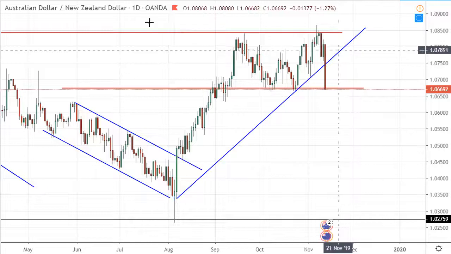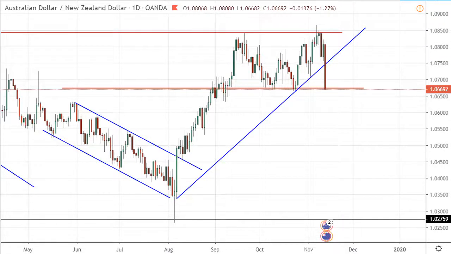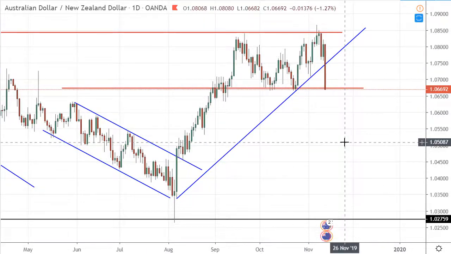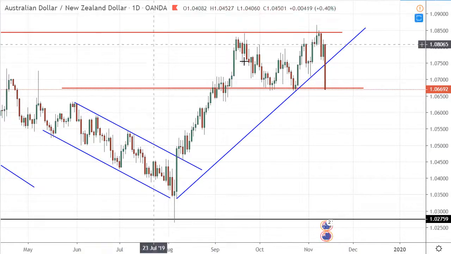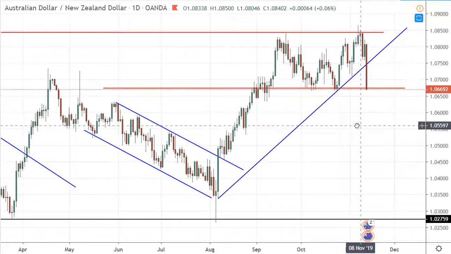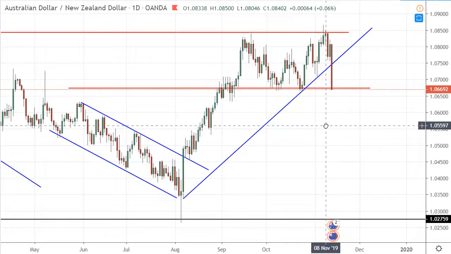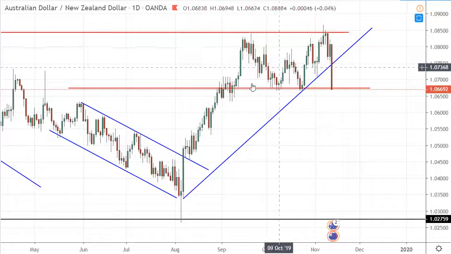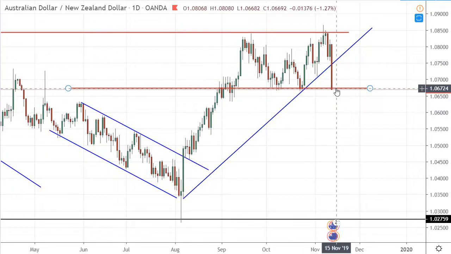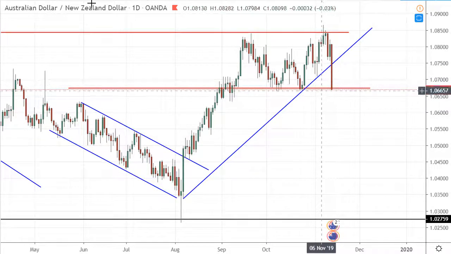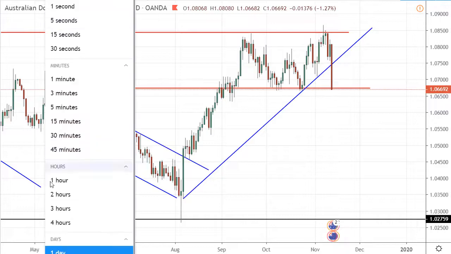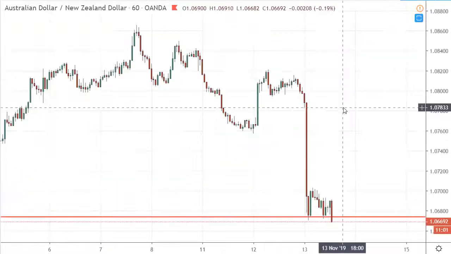And this is a huge drop, also a New Zealand dollar related pair. So I think there is something in the New Zealand dollar pair that is causing this. Worth checking out, of course. For now, it is at this support level, and from there on out, let's see what happens.